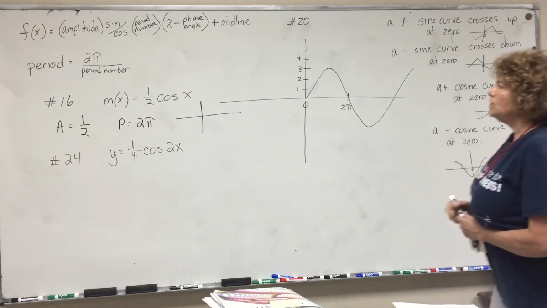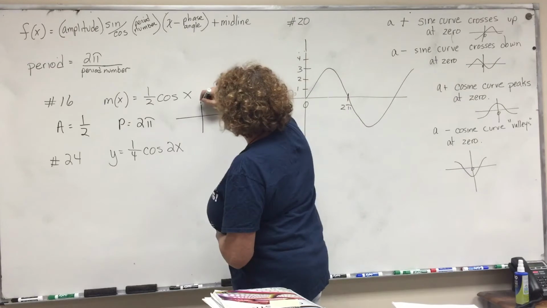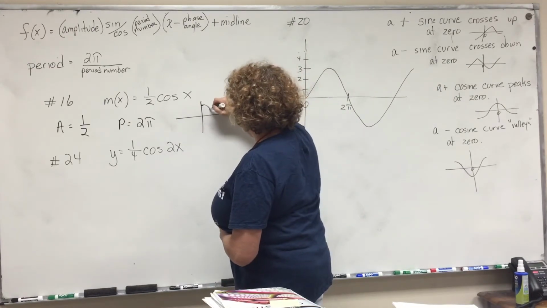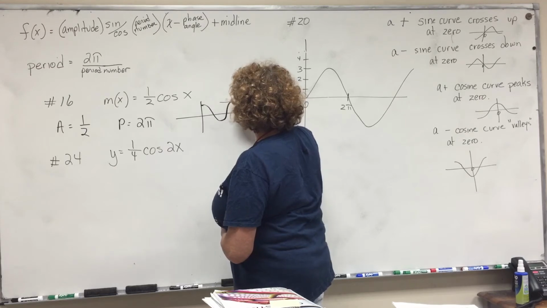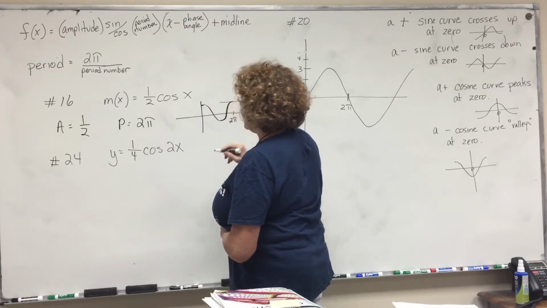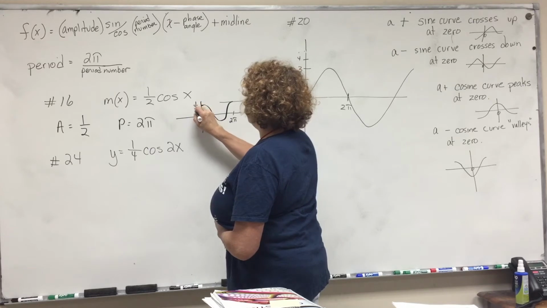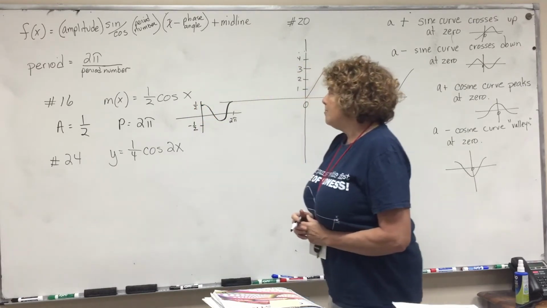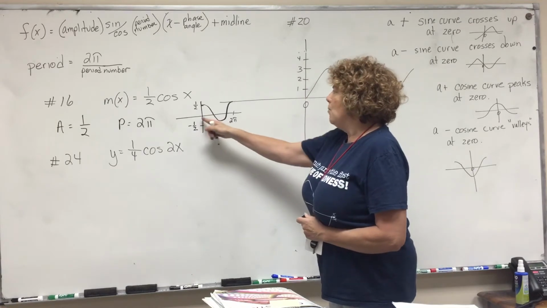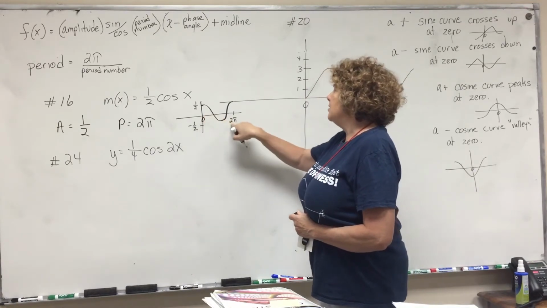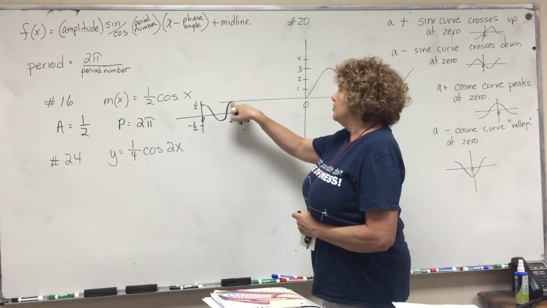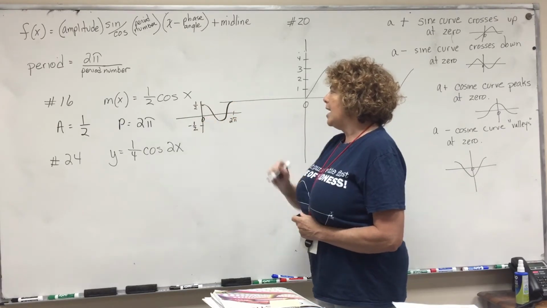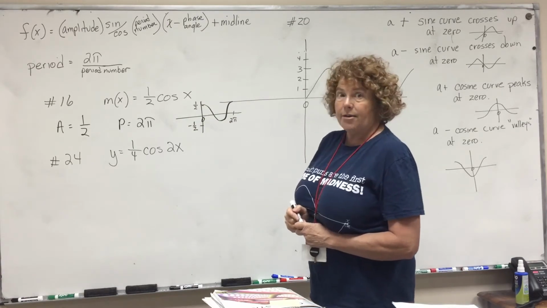So since it's a cosine curve, we're going to draw it peaking at 0, and then when we draw a whole curve, it goes back up at 2 pi. And our amplitude is 1/2, so it would be negative 1/2 there. I am happy with that, as long as you give me one period's worth, 0 to 2 pi, showing that it goes from there to there, one whole curve, and label the amplitude, the height, top, and the bottom. I'm happy with that graph.